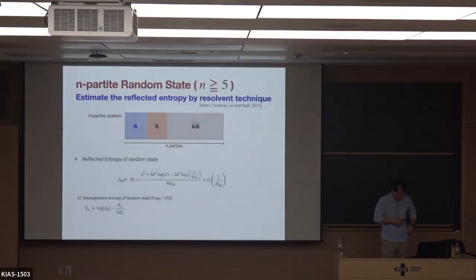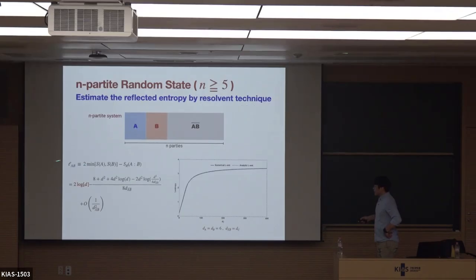To answer that, we did several analytic and numerical calculations. Thanks to this paper, we could calculate the reflected entropy of the typical state by using random matrix theory, and this is the result. For the n-party case with n larger than or equal to 5, we could show that the L entropy almost saturates the maximum value.